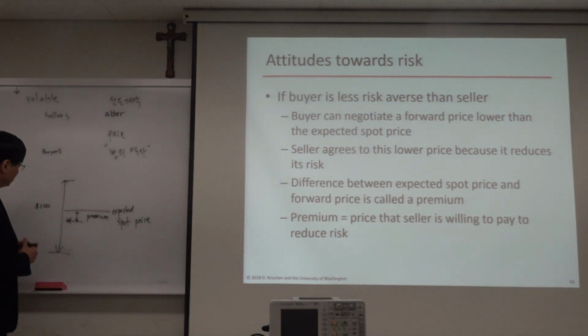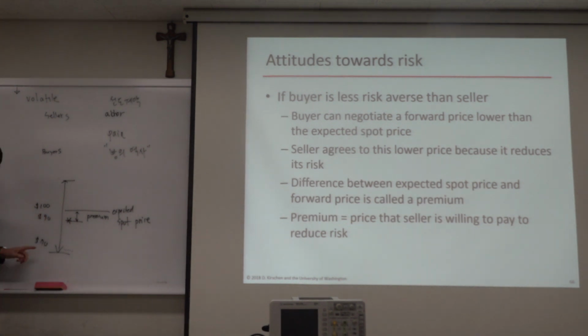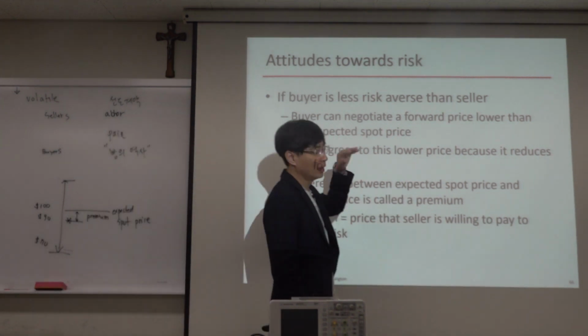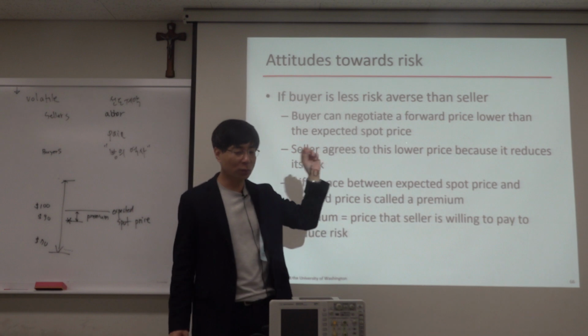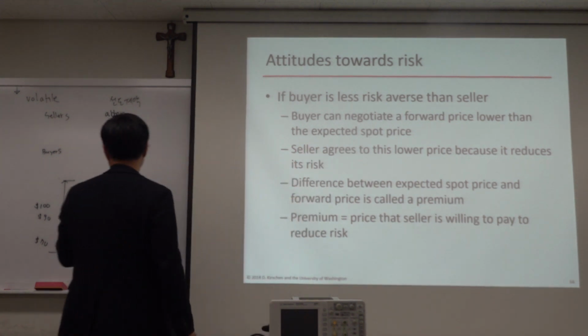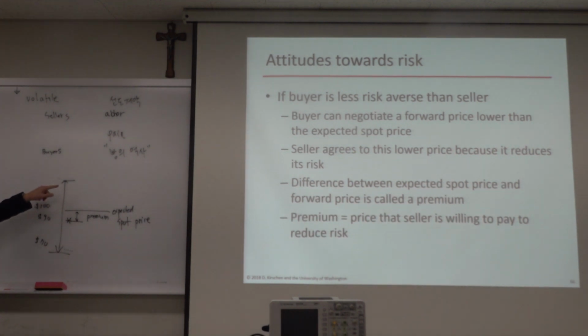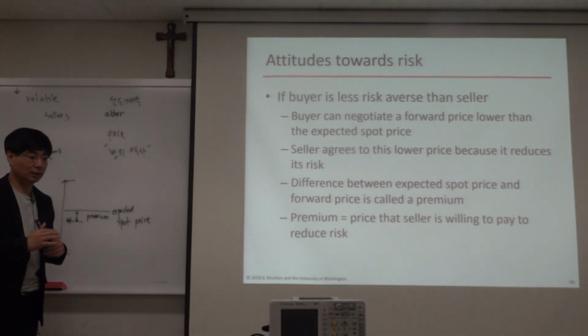If the price is this much, like $70, suppose that this is $90. Let's suppose that on September 1st, the spot price is $70. Then who would be happy? Yeah, the seller. And the buyer is not. But anyway, this buyer was willing to take the risk. The buyer may have expected the price to go that high, but that didn't turn out.